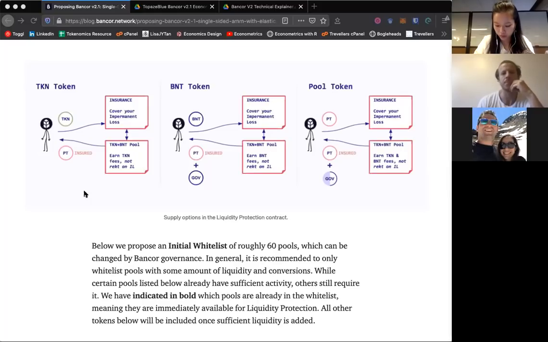So the amount of TKN per pool token will be greater, and when you liquidate the pool tokens, you're receiving more TKNs as a result. Yeah, but the value is still the same because the value of each TKN reduces. So the entire total value, the TKN quantity times the value of each, is still the same, right?